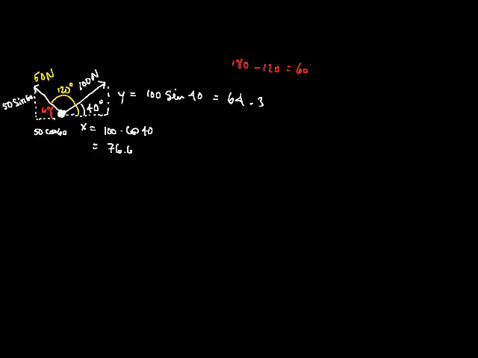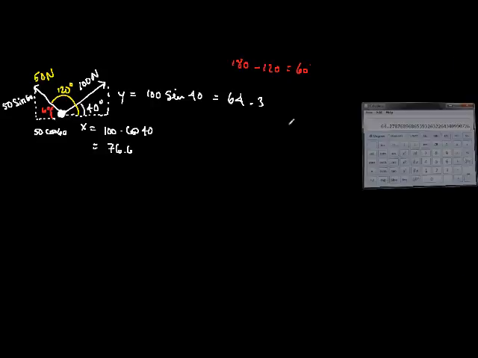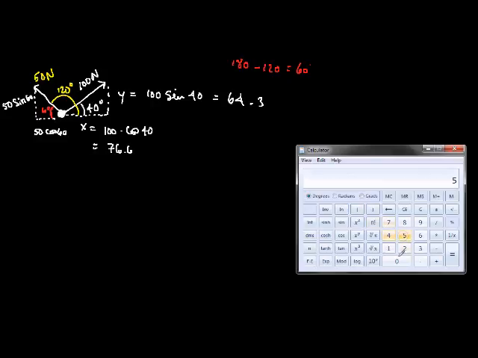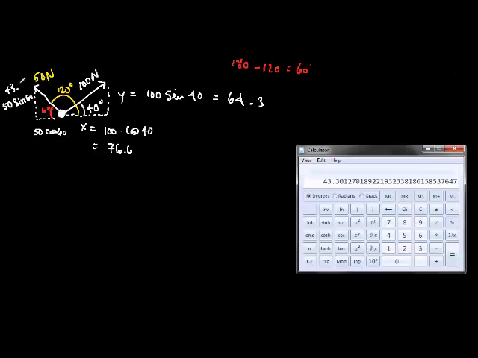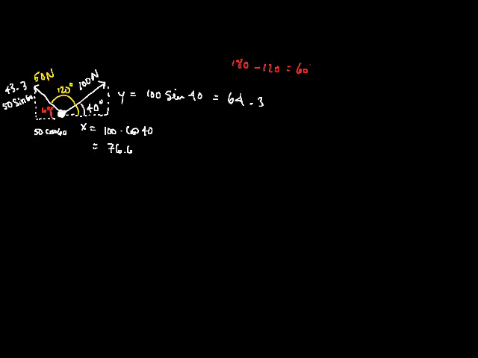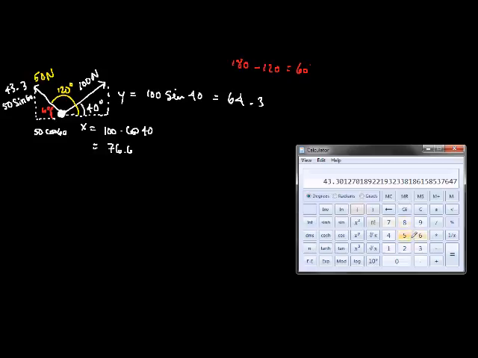And what I get with my calculator is 50 times the sine of 60, that's 43.3, and 50 times the cosine of 60 is 25.